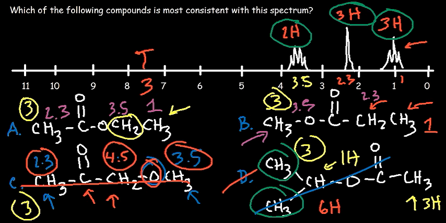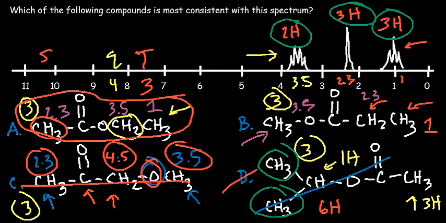Looking at the CH2, it's adjacent to a CH3. So 3 plus 1 is 4. 4 represents a quartet. We do have a quartet between 3 to 4, so that's good. And looking at the CH3 on the left, it's not adjacent to any carbons that have hydrogen, so 0 plus 1, it's a singlet. And we do have a singlet at 2.3. So right now, A looks good.